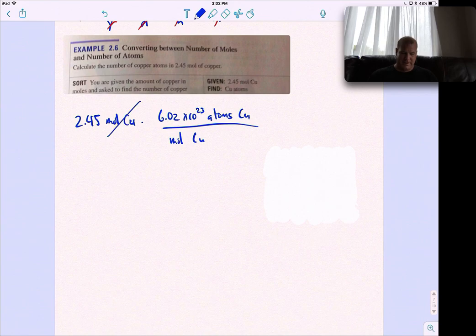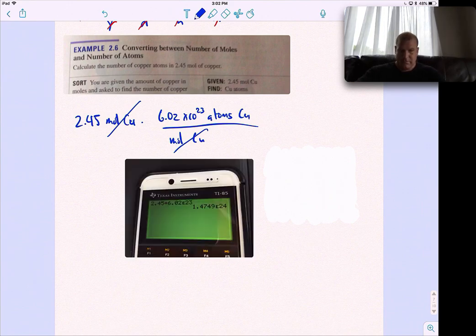We will notice then that the moles of copper will cancel. Now we've put it in a calculator, and the answer is 1.47 times 10 to the 24 atoms copper.